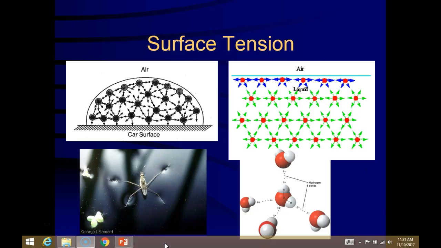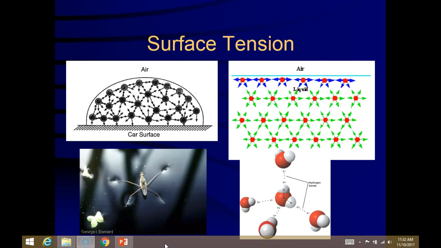That's pretty remarkable. But surface tension is caused by the strong cohesive nature of water. Remember, water likes to stick to itself. And because of that strong cohesion, we almost get this beautiful little thin film of water at the water-air interface.